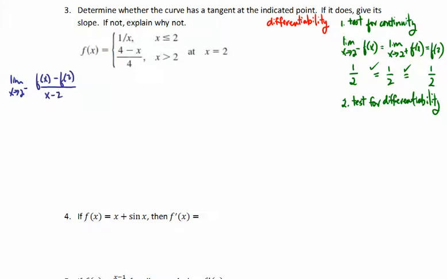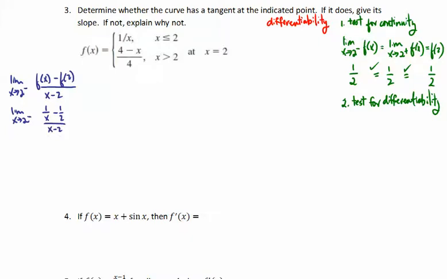And as we're approaching 2 from the left, the function behaves like 1 over x. So we have limit as x approaches 2 from the left, 1 over x minus f of 2, which is 1 over 2, all over x minus 2.